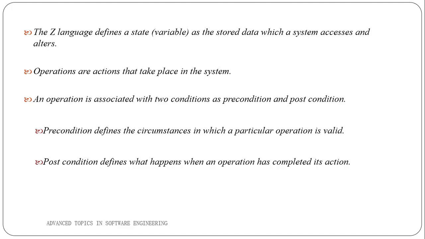An operation is associated with two conditions. One is called the precondition, second is called the post condition. Precondition basically defines the circumstances in which a particular operation is valid, and post condition defines what happens when an operation has completed its action.